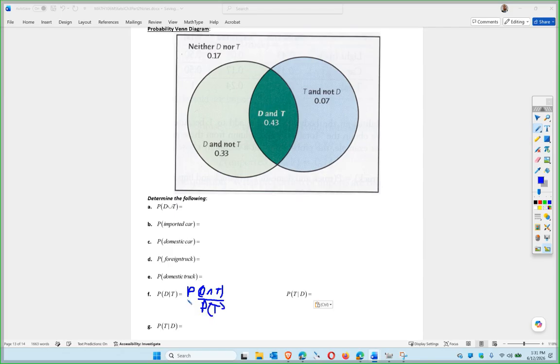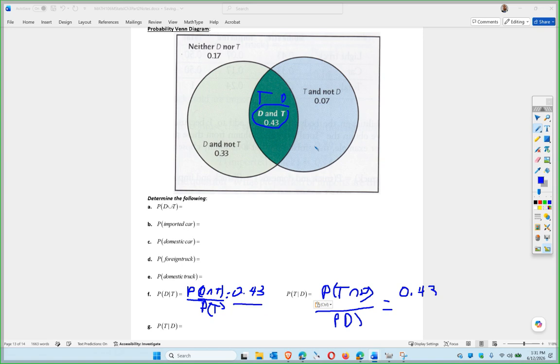The probability of truck and domestic over the probability of domestic. Either way, truck and domestic is 43%, so both of these are 0.43, because truck and domestic and domestic and truck are the same thing if you swap it around.